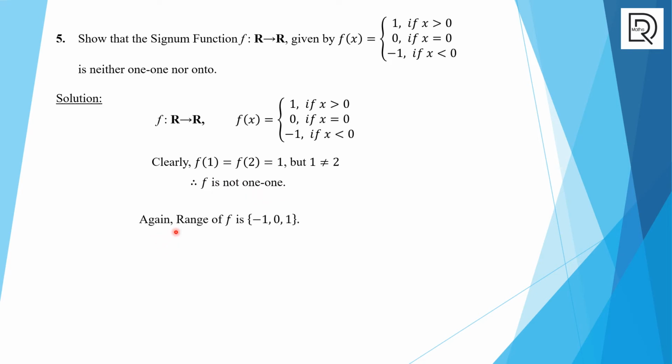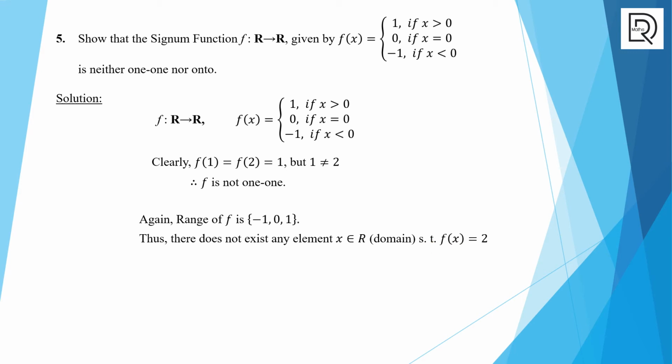Again, we know the range of f is minus 1, 0 and 1 because this signum function always gives only these three values. So this is the range of f. So thus there does not exist any element x belongs to R such that f of x equal 2.